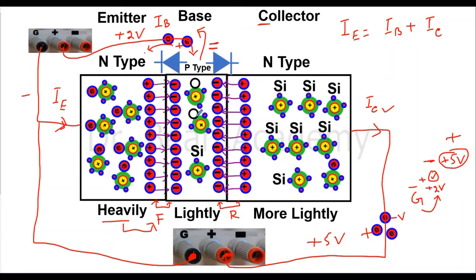A small fraction takes part in recombination, filling the hole, and that current flows out of the base towards the battery. But a large number of electrons want to cross the junction and go to this side, because the area of this base is small, and if area is small, a few number of electrons get a chance to recombine, and that current comes out of the base.